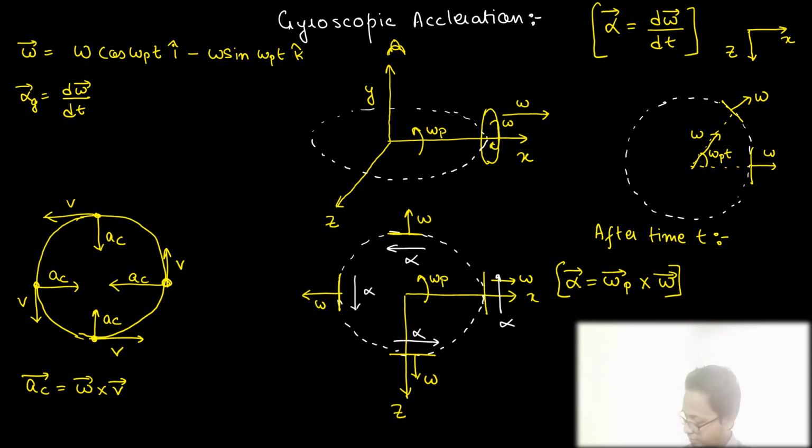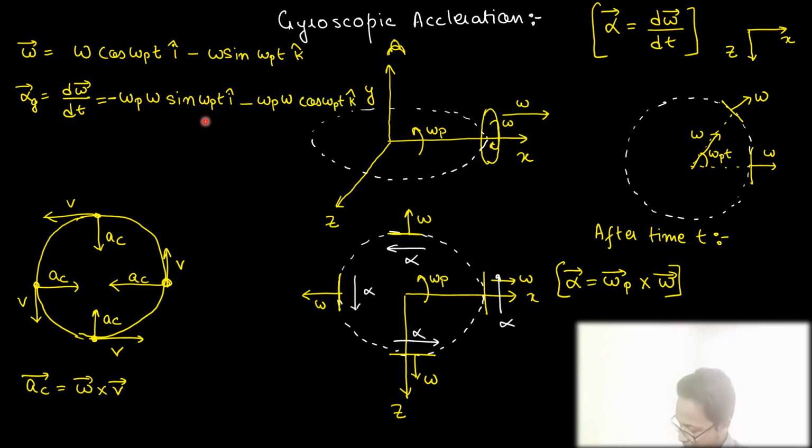So d omega by dt, when you differentiate this entire term with respect to time, I get omega p omega minus sin omega pt i, minus omega p omega cos omega pt k.